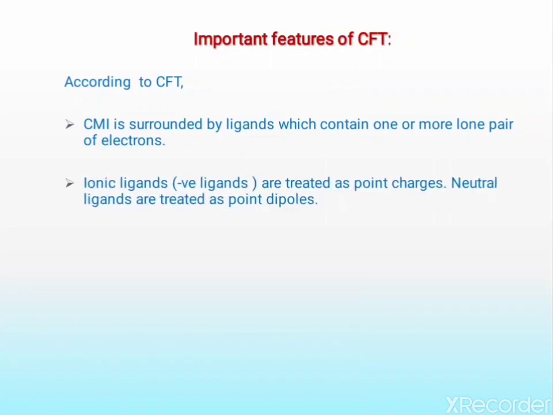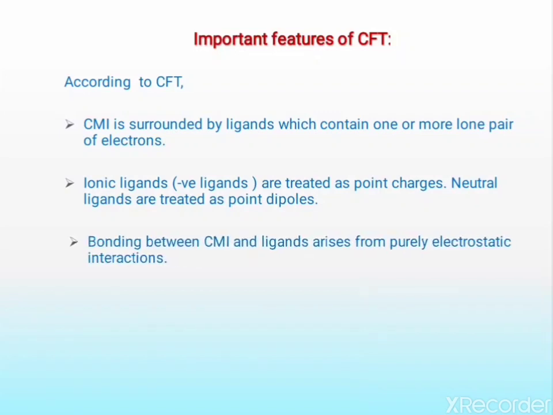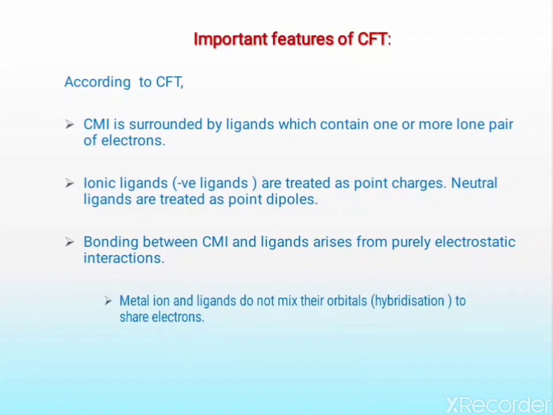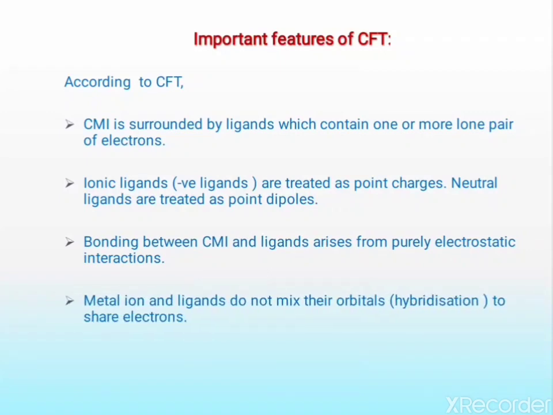According to this theory, ionic ligands are treated as point charges and neutral ligands are treated as point dipoles. The bonding between the central metal ion and the ligands is purely electrostatic in nature. The metal ion and the ligand do not mix their orbitals. Here, the mixing of orbitals does not take place.